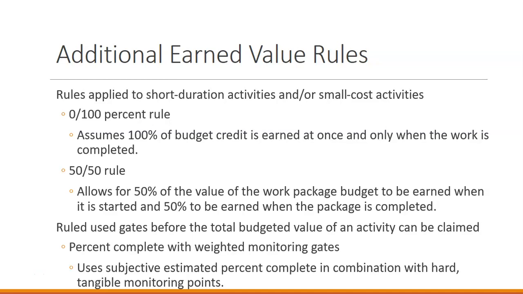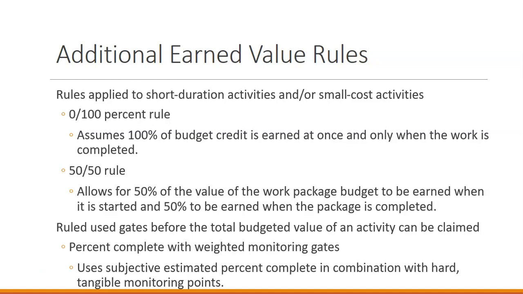So think about if we have an activity worth $500. That activity can be cut into multiple different parts. So the earned amount at each monitoring gate, so if we said part A would take 20% and part B 30% and part C 50%.